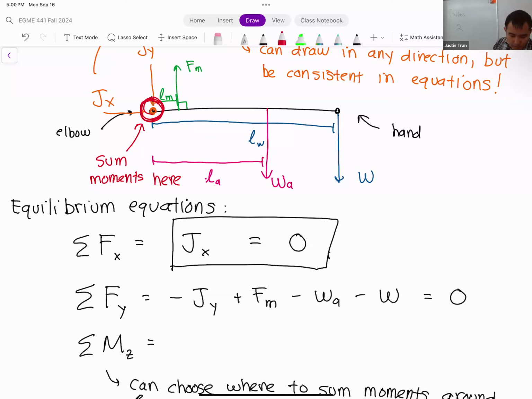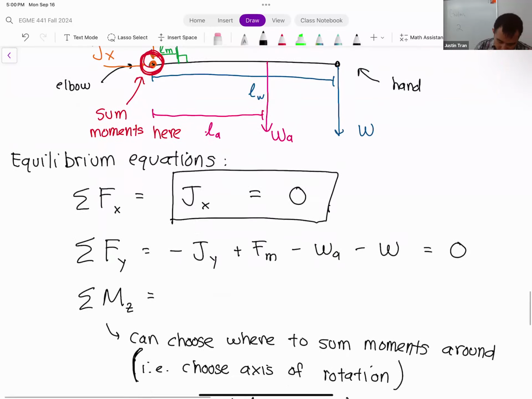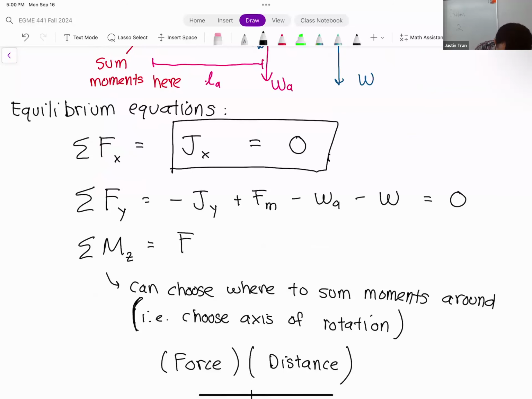So let's list out the moments from each of these. Remember, the moment is the product of the force and the distance between that force and wherever we're summing the moments around. So if we take the component for FM, it's going to be FM multiplied by its distance to the elbow joint, which is LM. Next, we have the contribution from the weight of the forearm itself.